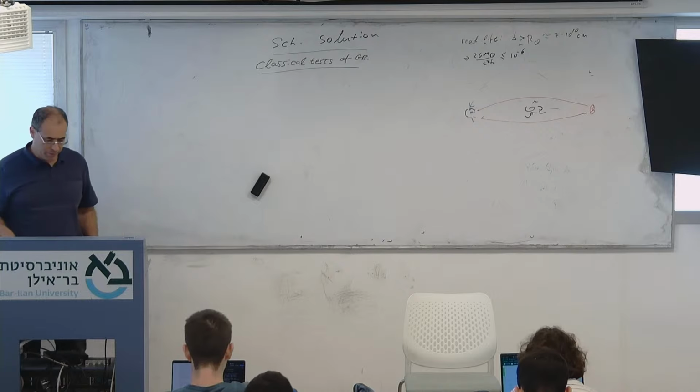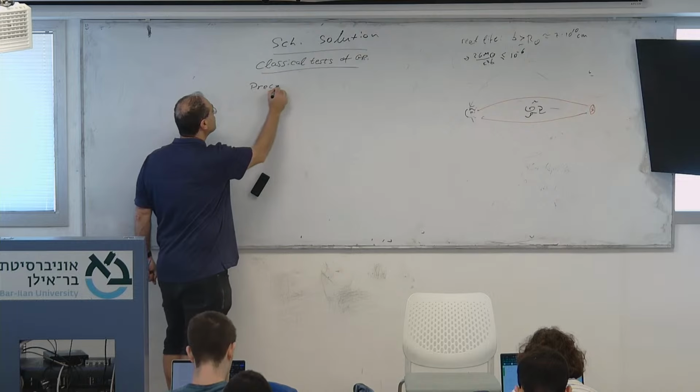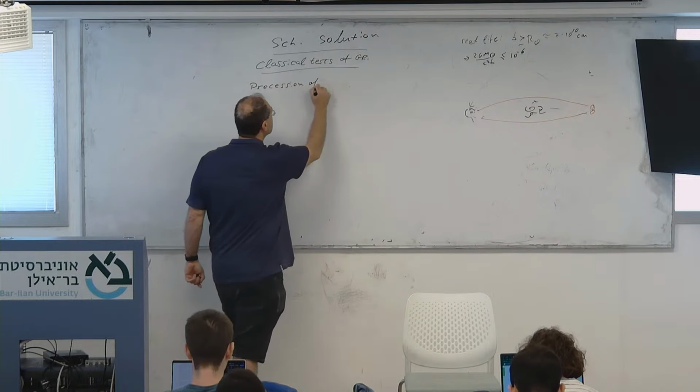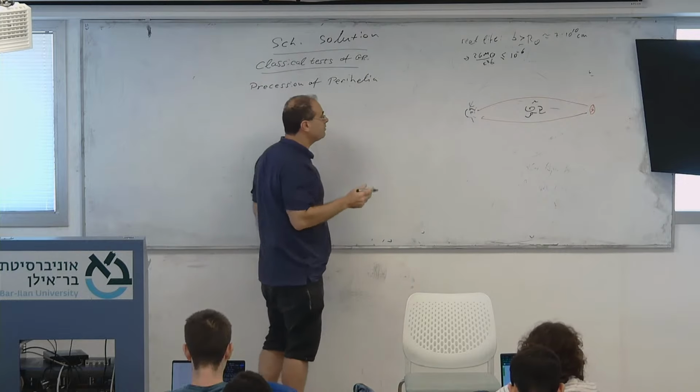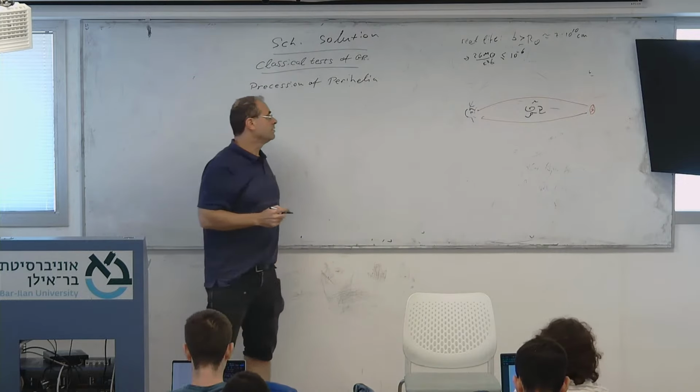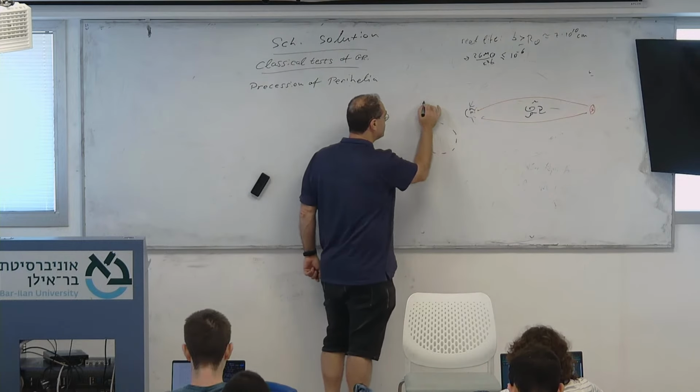So the precession of the perihelia, right? To remind you, all the stars around the sun are moving in ellipses. There is an inner radius, there is an outer radius.